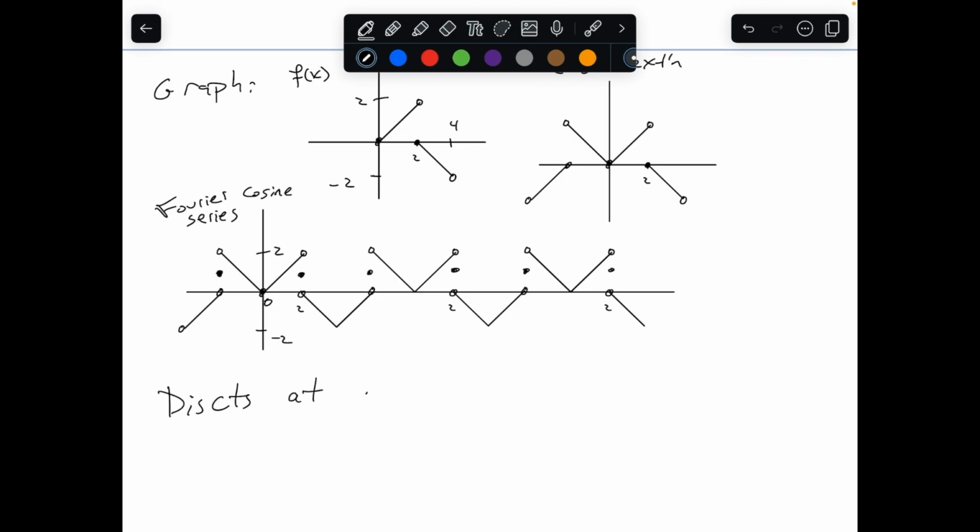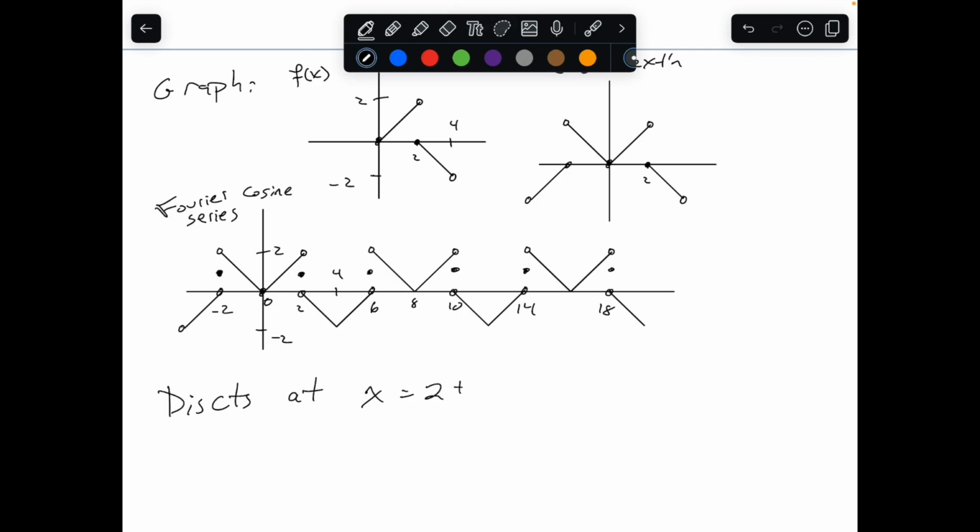So it is discontinuous at x equals, all right, so that was 2. But remember our period is 4, so this is 2, 4, 6. This would be 8, and then 10. This would be 14, 18. So this is negative 2.